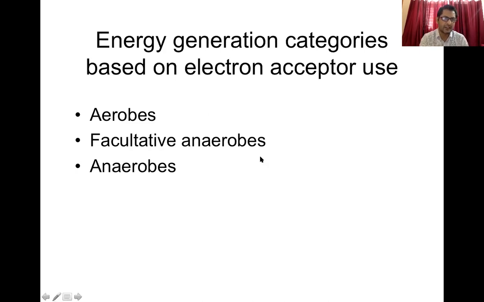Then there are facultative anaerobes. Facultative anaerobes are generally aerobic organisms, but can also grow on electron acceptors other than oxygen. And anaerobes are the bacteria which grow only on electron acceptors other than oxygen, because oxygen is basically poisonous or toxic for them.